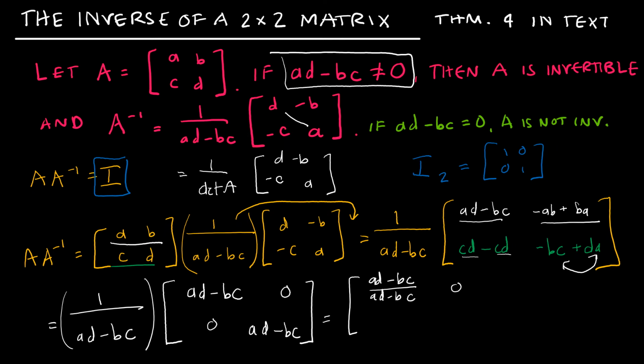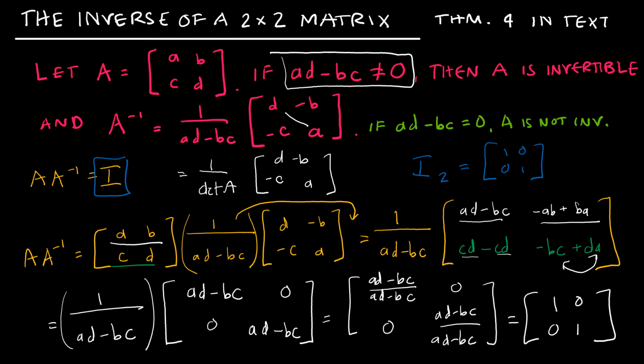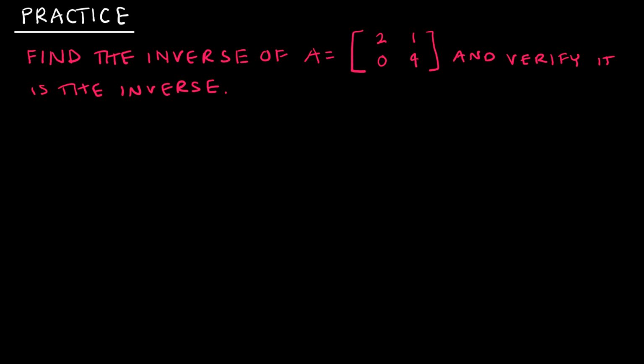And that's just 0, and that's just 0, and that's AD minus BC over AD minus BC. And that gives me 1001. And therefore we have shown, this is not a proof, but we have shown that it will in fact give us the identity.